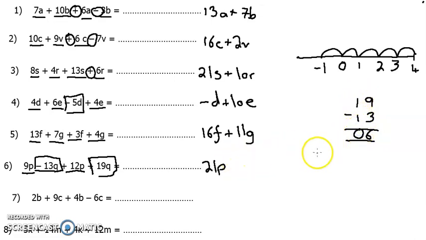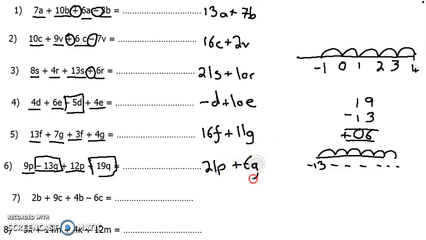And because we started off with a negative number, negative 13, and we're adding on 19, this means we're going to end up with a positive 6. If you find that quite a difficult concept, actually draw a whole number line out, start with minus 13, and then do 19 jumps, labeling it all the way, just in case you get a bit confused. Because that 6 is now in the positives, that will be positive 6g.